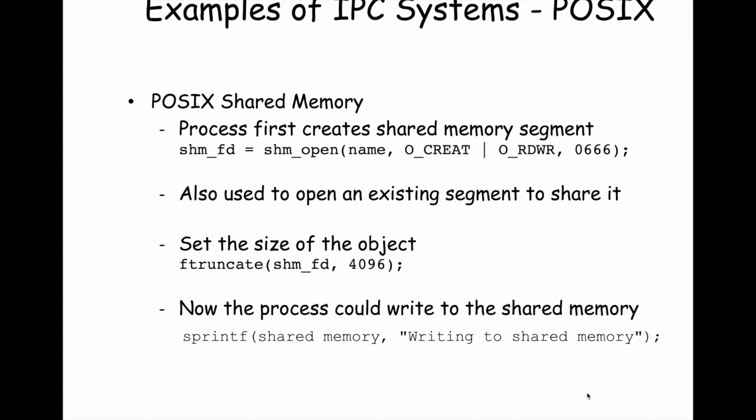You create the memory, indicating that you're going to create it, and then when you size the object to actually allocate a certain number of bytes for this particular named shared memory, you use this ftruncate command. You give it the shm file descriptor, which is the result of opening or creating that shared memory, and then you give it the size for that file descriptor, 4096 in this case, 4096 bytes. Okay? All right. Any questions about this?